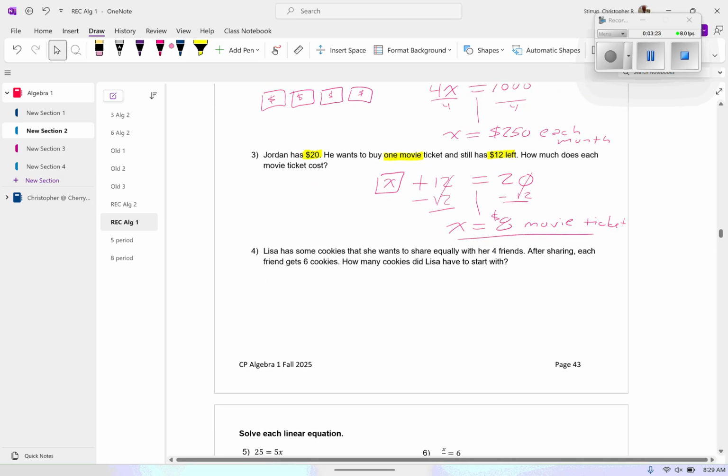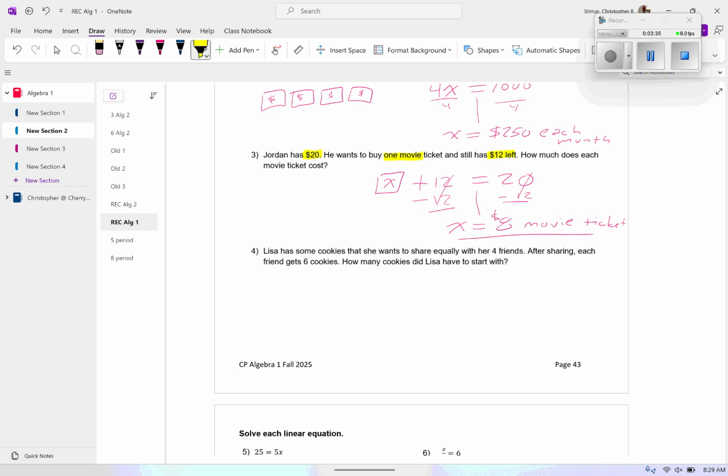Number 4 says Lisa has some cookies she wants to share equally with her 4 friends. After sharing, each friend gets 6 cookies. How many cookies did Lisa have to start with? Okay, so Lisa has some cookies and she wants to share equally with her 4 friends. So you have Lisa and her 4 friends.